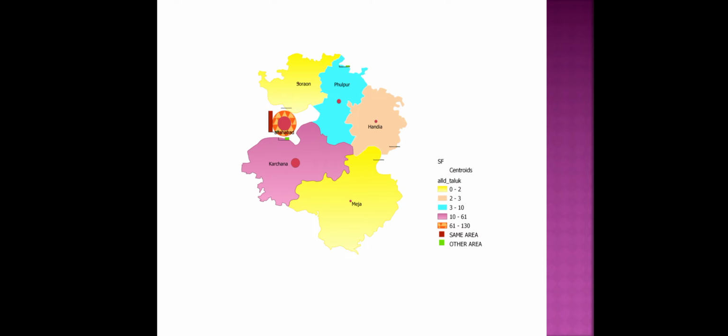For the samosa products, the centroid is there, and we can see that respondents from Allahabad Taluka liked the samosa most. After that Karchana. Allahabad Taluka people liked to purchase their samosa products from Allahabad Taluka only, but Karchana respondents liked to purchase from Allahabad Taluka too.